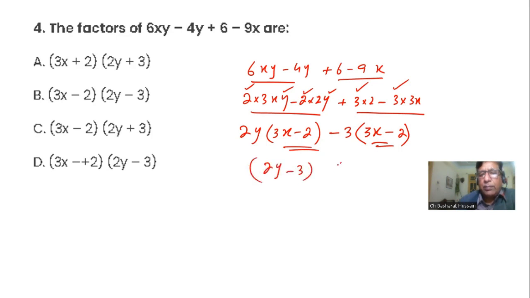So 2y minus 3, 3x minus 2. So this is also the same: 3x minus 2 and 2y minus 3. So this is the correct option. Okay.